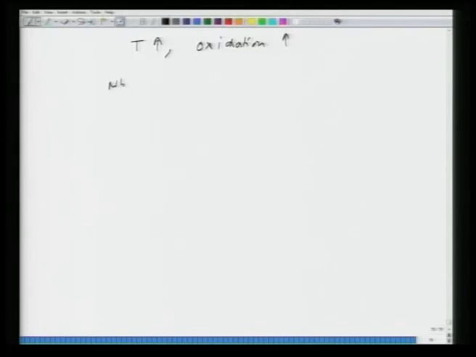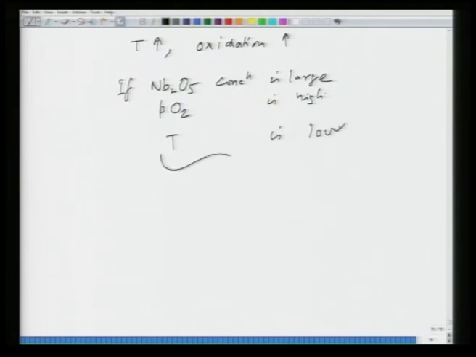So, now we can see that you can create conditions like, if Nb2O5 concentration is large, PO2 is high and temperature is low, all these conditions prefer ionic compensation, and the converse is true in case of electronic compensation.